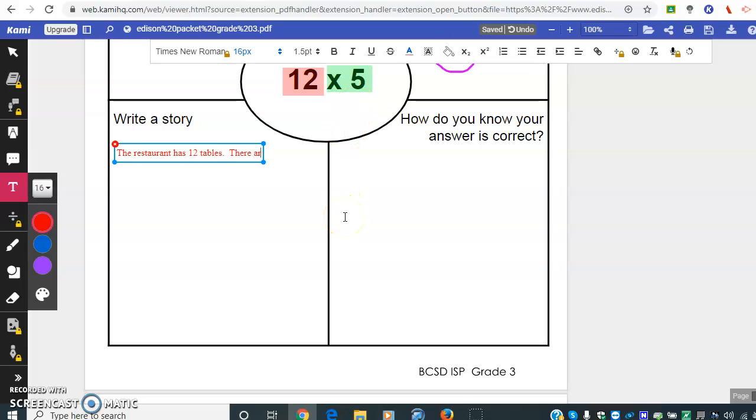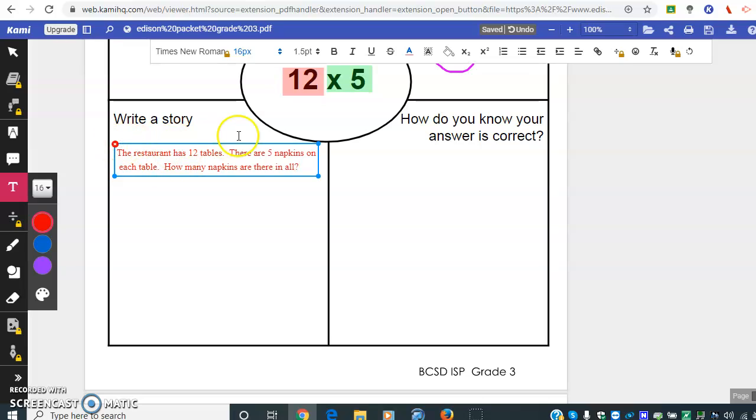There are 5 napkins on each table. I could have said there are 5 chairs at each table. I could have said there are 5 forks at each table. Now my question is, how many napkins are there in all? Question mark.